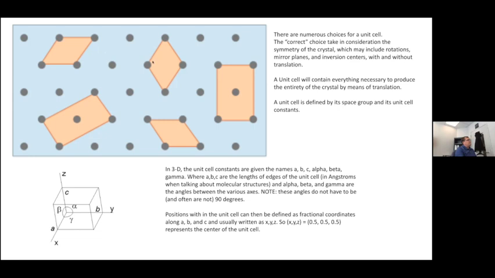So the correct choice for a unit cell is based on consideration of the symmetry of the crystal. And that may include rotation, mirror planes, or inversion centers when we're talking about crystals in general. It gets a little bit more limited when we specifically talk about protein or biological crystals. But then also you can match any of those rotations, mirrors, or inversions up with a translation, and they create a second type of symmetry.